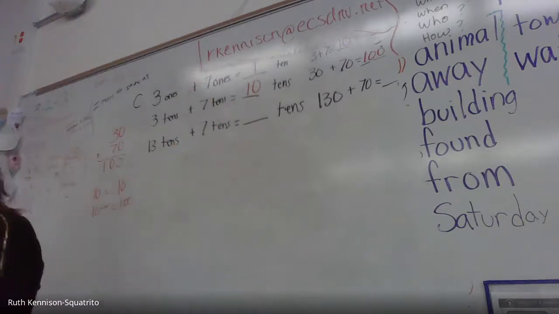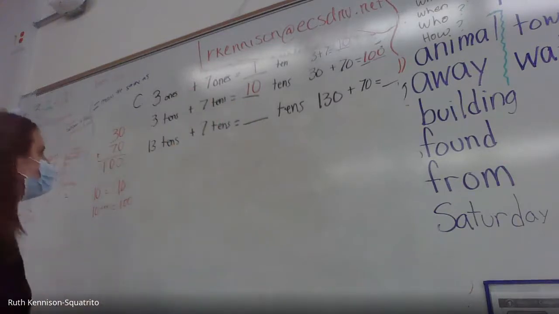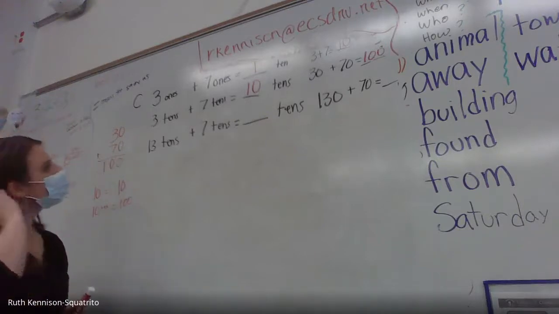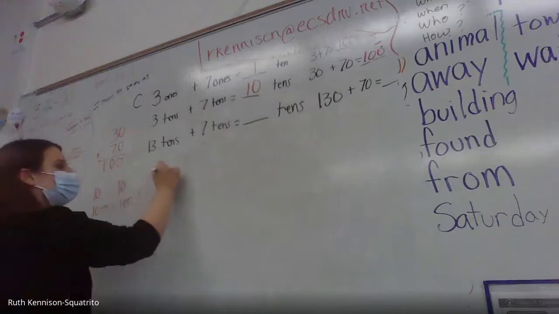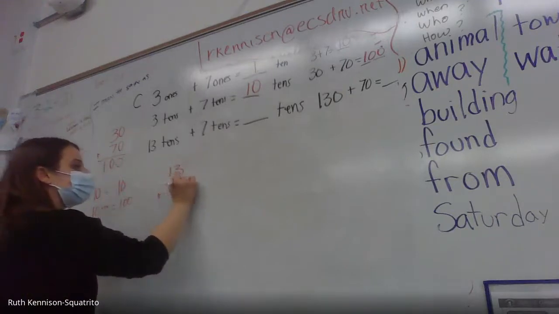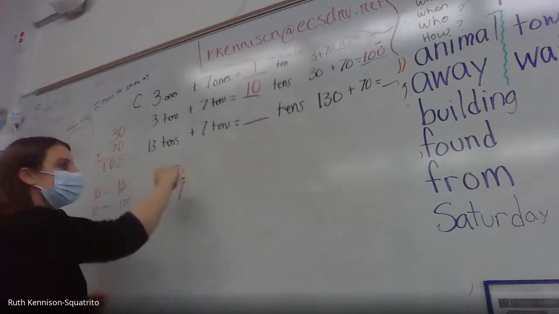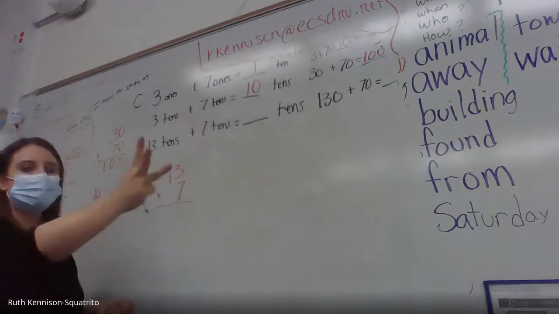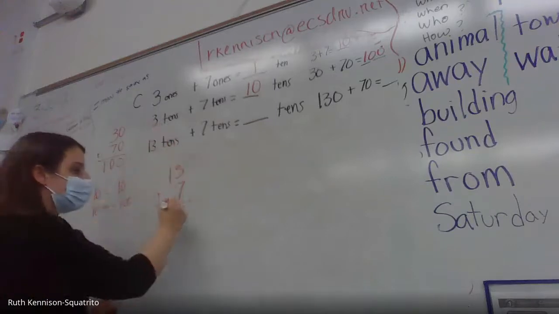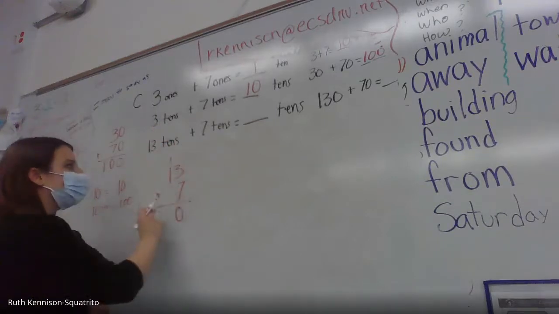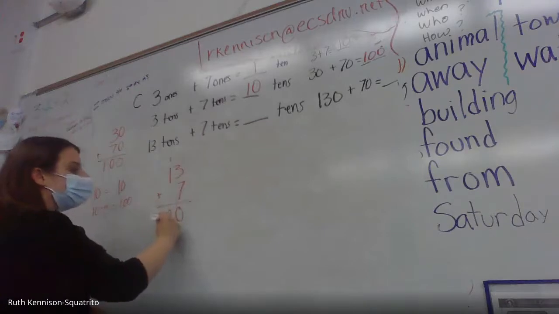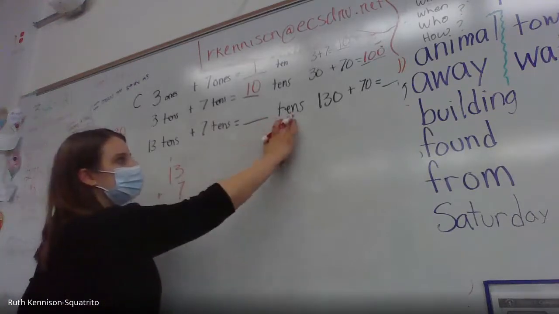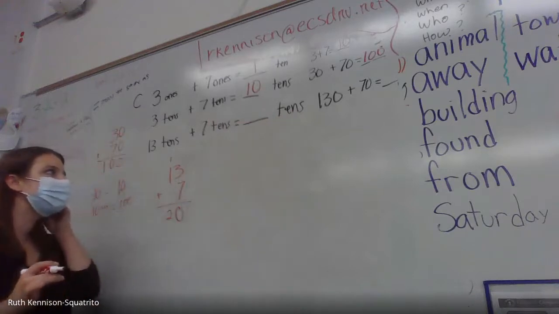Good. And so next, you're doing 13 tens plus 7 tens. So what is 13 plus 7? Well, you guys told me right there 3 plus 7 is 10, right? 7, 8, 9, 10. I carry that up top. 1 plus 1 is 2. And if we're just talking about tens, we haven't switched to hundreds or anything else.